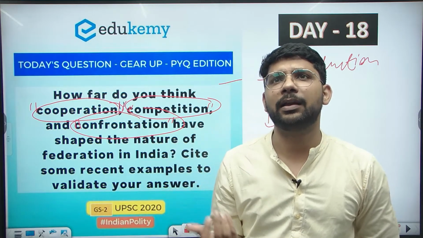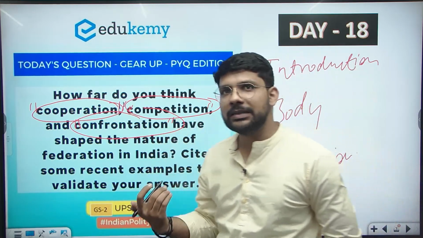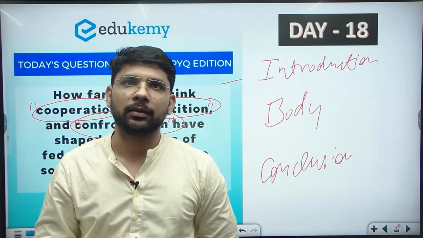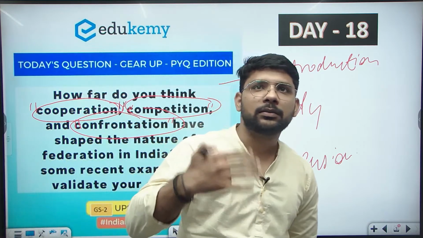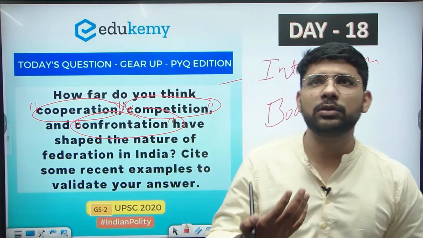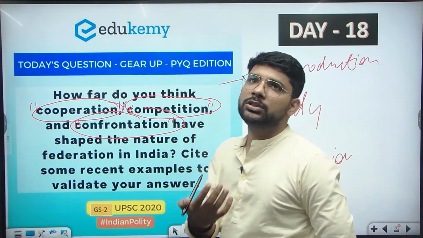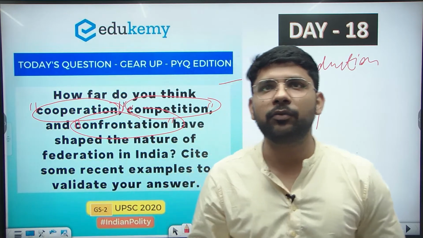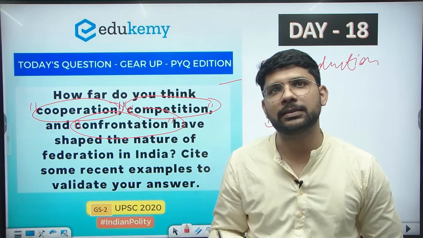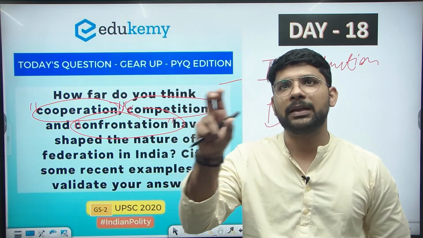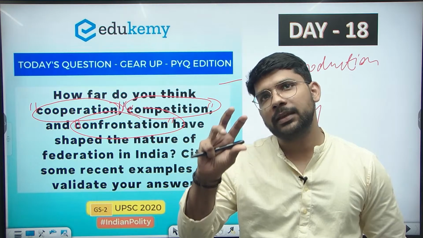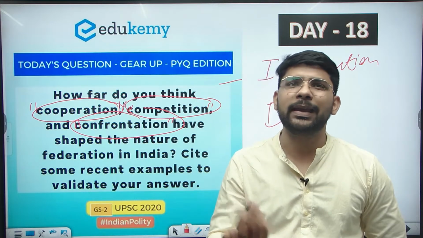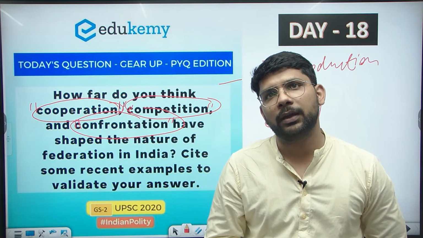The making of the GST Council, the implementation of GST, and decisions of the GST Council taken by different states in a meeting also make federalism stronger. We can also add the implementation of Finance Commission guidelines by the states. It is also a kind of federalism that is evolving on a daily basis. So cooperation, competition and confrontation play a major role in shaping federation in the country. We can write the introduction in both ways.